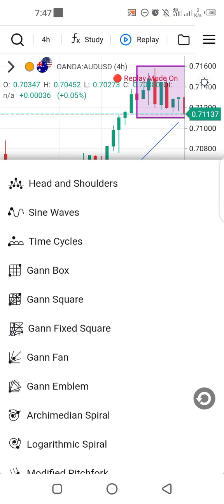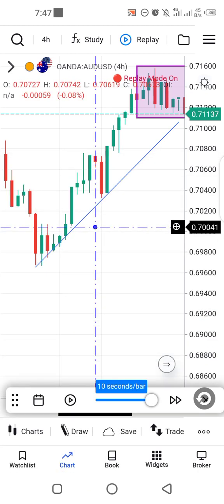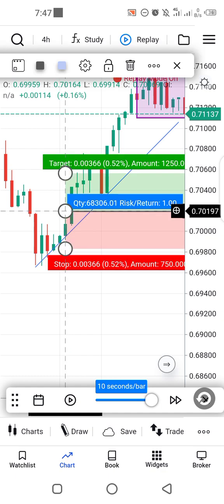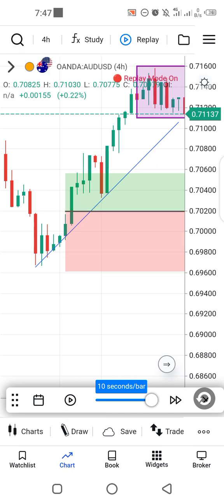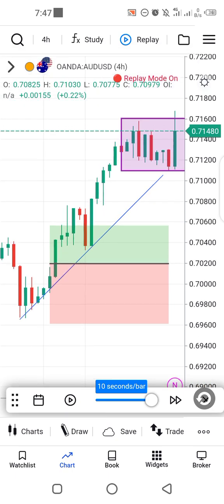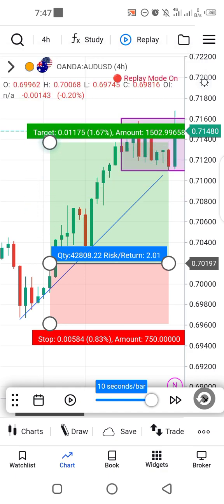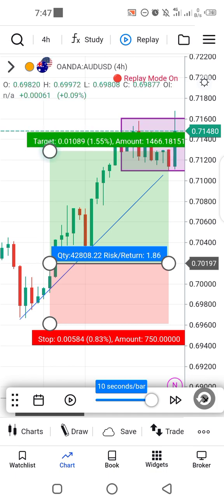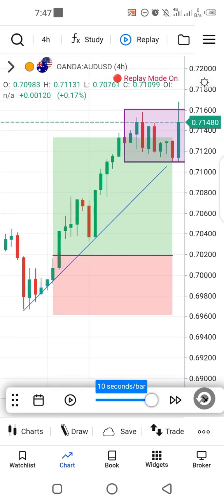So where's our long position here? We entered somewhere here, and the stop loss was somewhere below there. And now if we come out somewhere in this middle here, we will have made roughly 1 to 2 risk to reward, which is nice.